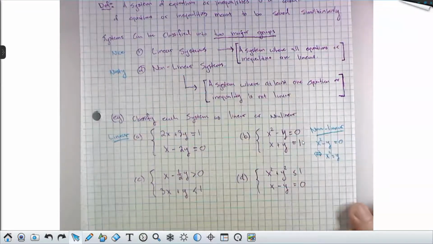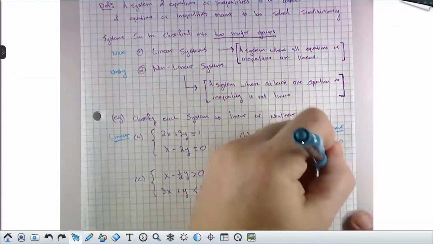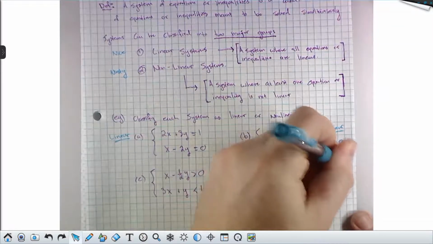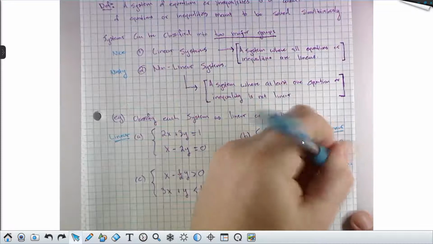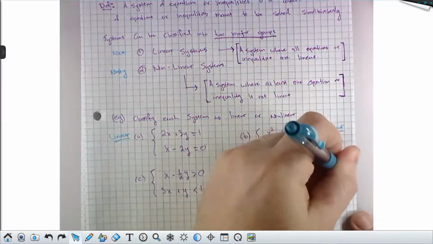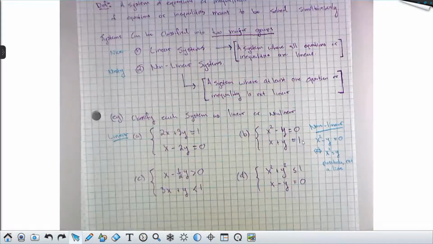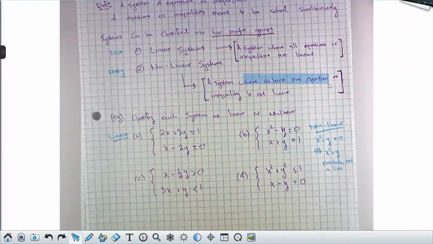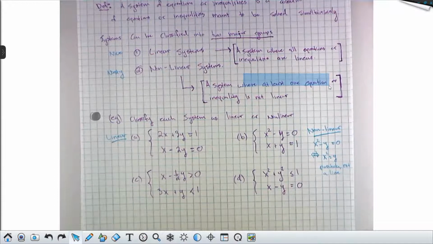We know that graph, that's a parabola. Not a line. So this is not a linear equation. Even though the second equation is linear, it doesn't matter. Remember, if any of the equations are nonlinear, the system is nonlinear.